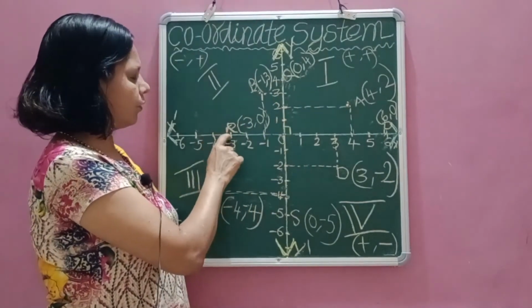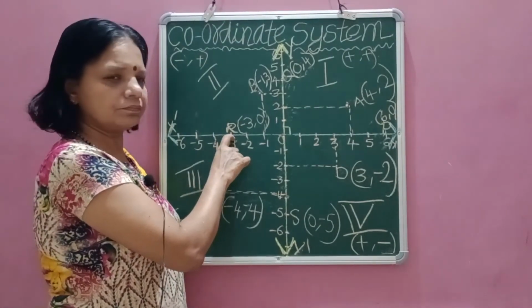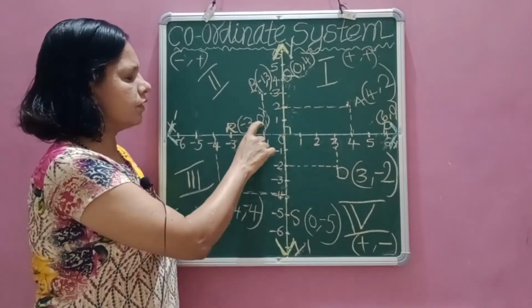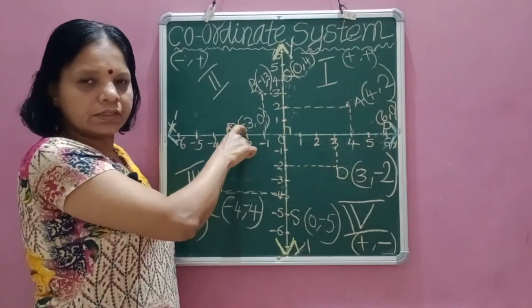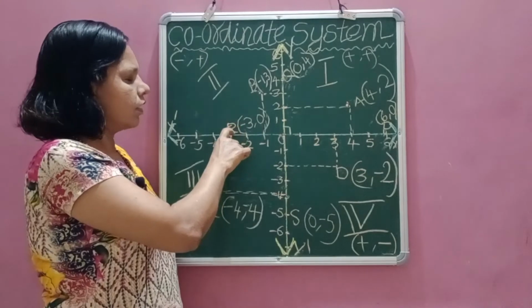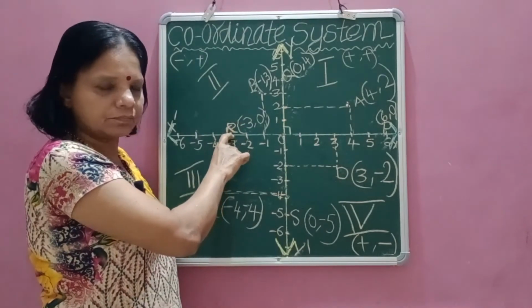And now again a point on x-axis, that is R. I have written in the bracket (-3, 0). -3 is the x-coordinate, corresponding to x-axis. This point is on -3.